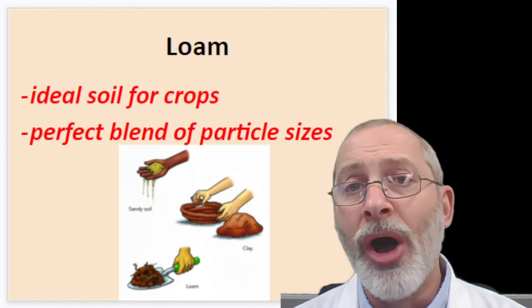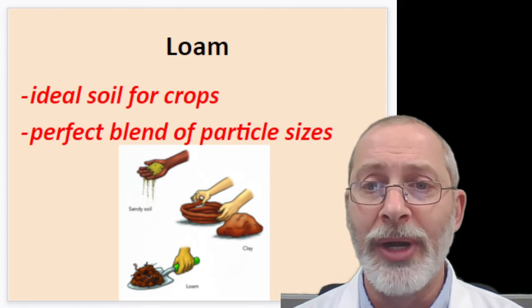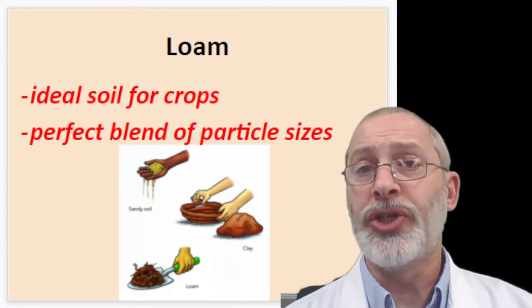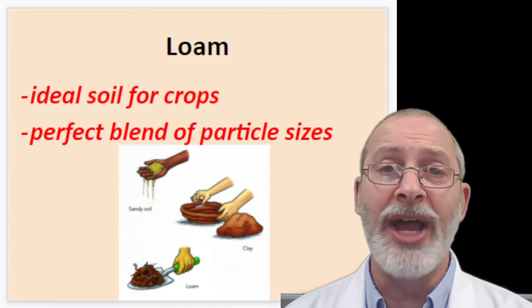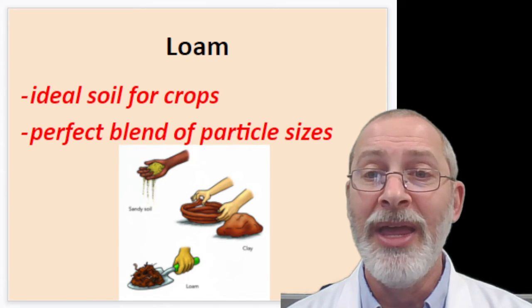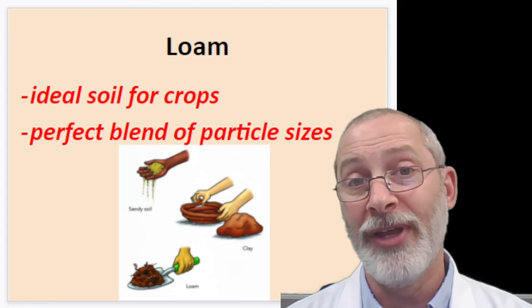Now, how do you know whether a soil is good or not? Well, farmers can determine whether a soil is good or not probably just by looking at it, but certainly by picking it up and squeezing a handful of it.